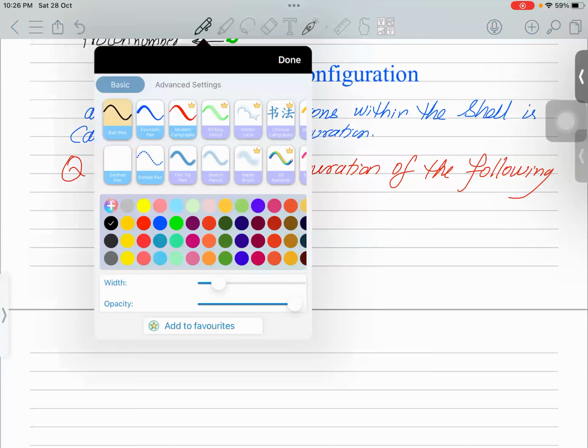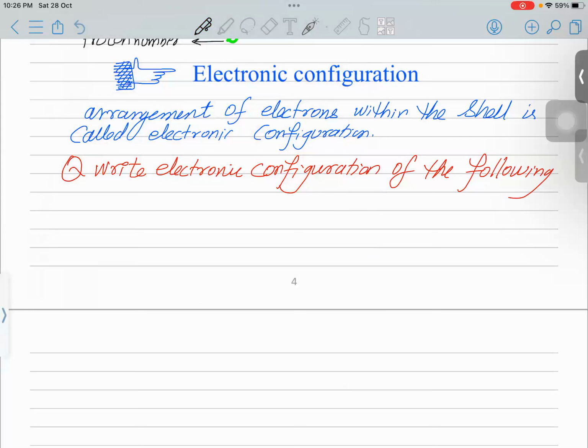So first element is hydrogen. Second is helium.